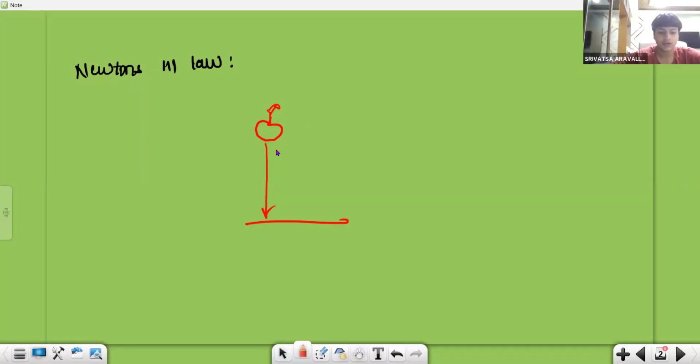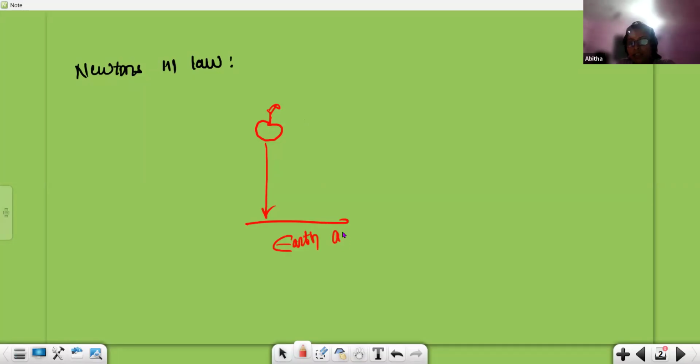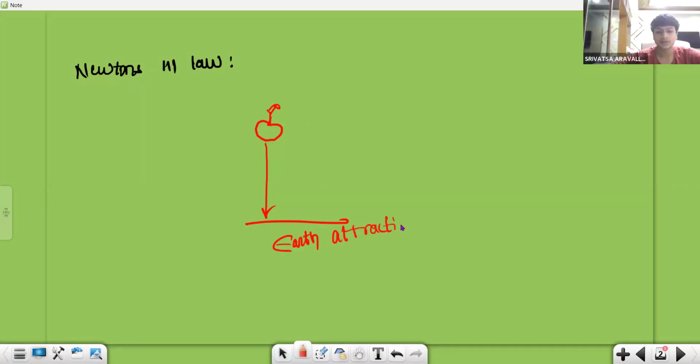Because earth is attracting the apple. And I told you in between two objects there is always attraction. If earth is attracting apple, then apple also should attract earth.